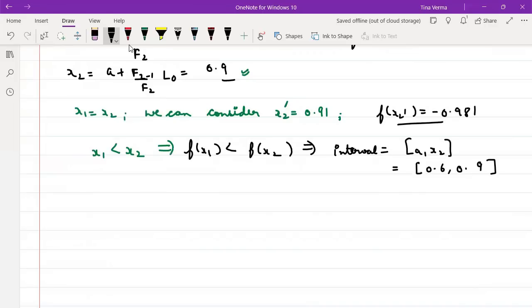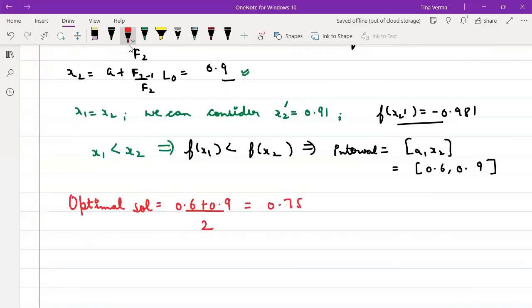फिबोनाची सीरीज आपकी कब तक वैलिड है? When you have Fn formula and n greater than or equal to 2 के लिए. तो आप 2 minus 2 ऑलरेडी कर चुके हो, that means you will not perform the next iteration. So in this we will have optimal solution that will be the average, 0.6 plus 0.9 divided by 2.